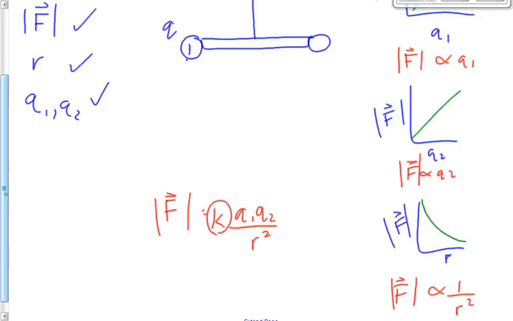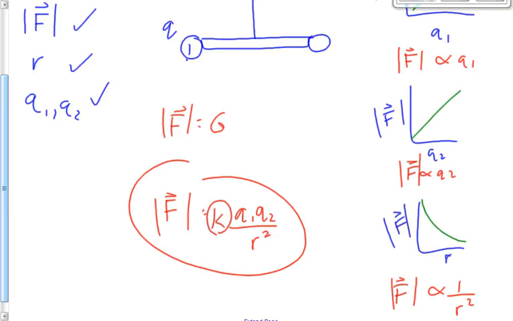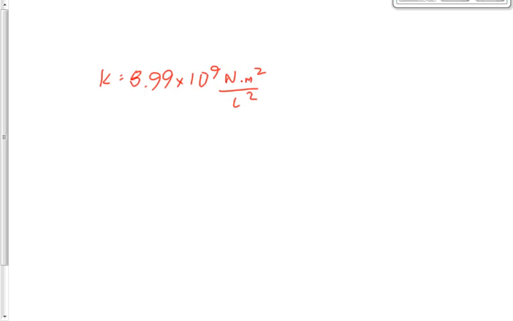Not k q1 q2 over r squared, but rather gravity would have been G m1 m2 over r squared. Real similar equations, except instead of charge, we've got mass, and instead of k, we've got G. The value of G, if you remember from last year in Physics 20, was 6.67 times 10 to the minus 11 Newton meter squared per kilogram squared.